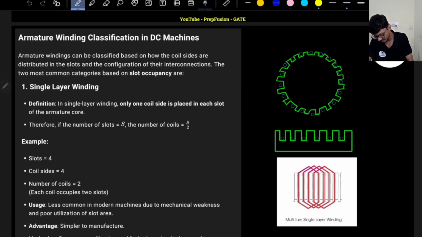I wanted to explain that each slot will have a single conductor.